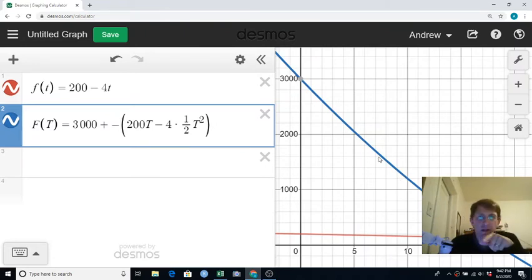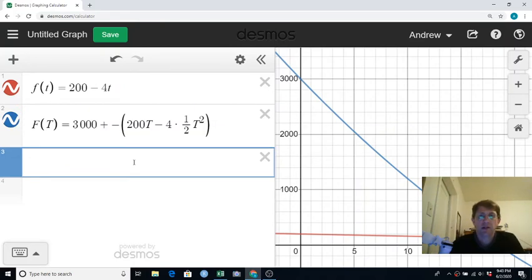Could we have predicted that based on the behavior of the flow function? We'd be saying, well, this flow function is getting closer to 0, so the initial outflow is more rapid than toward the end. So this should be dropping more rapidly at the beginning than at the end, which is what being concave up is doing here.